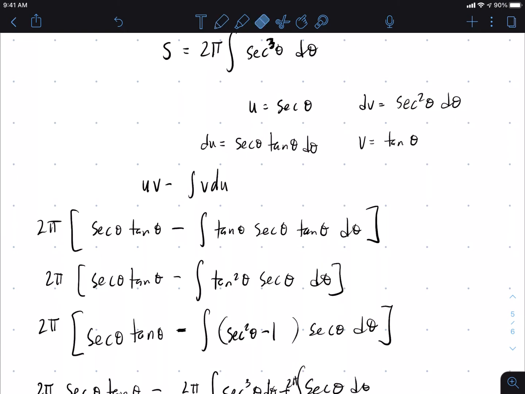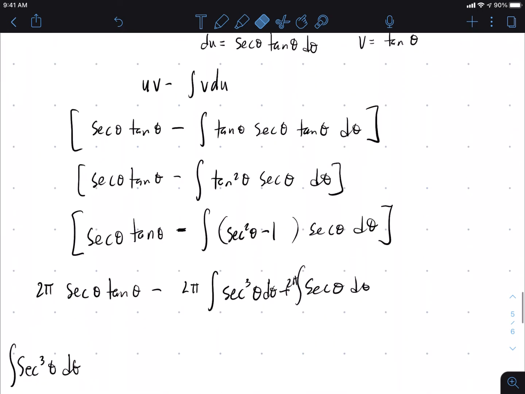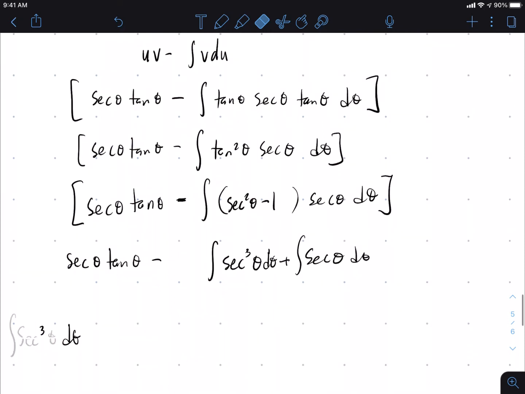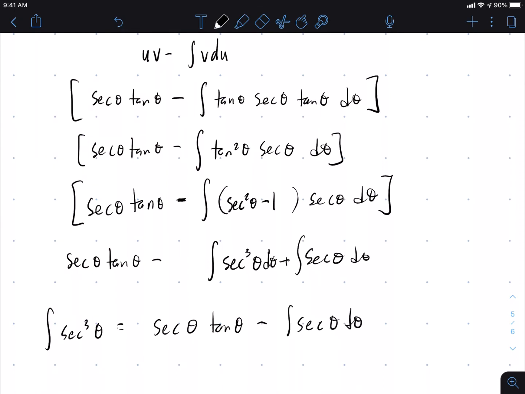Yeah, I'm going to make my life easy, and I'll show you why real quick. Let me just keep it out and then I'll distribute it at the end. The integral of secant cubed theta is equal to secant theta tangent theta minus the integral of secant theta d theta.